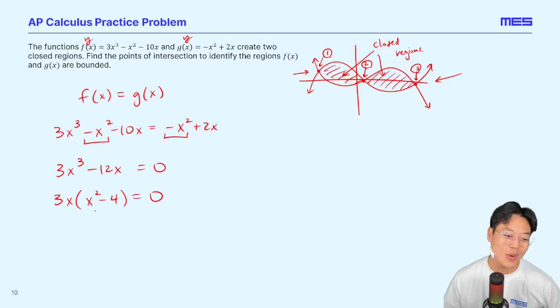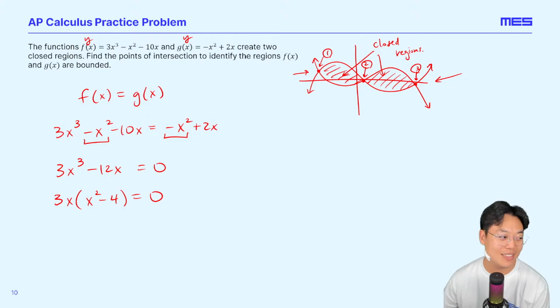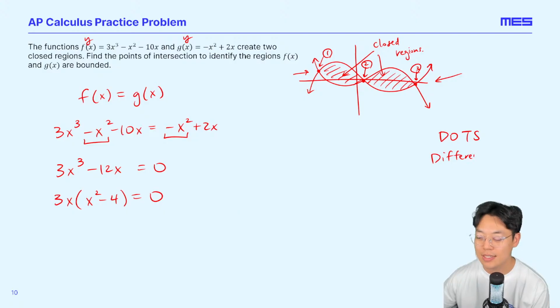And guess what? X squared minus 4, we call this a difference of two squares. That's when we have something like a squared minus b squared, and we get a minus b times a plus b.